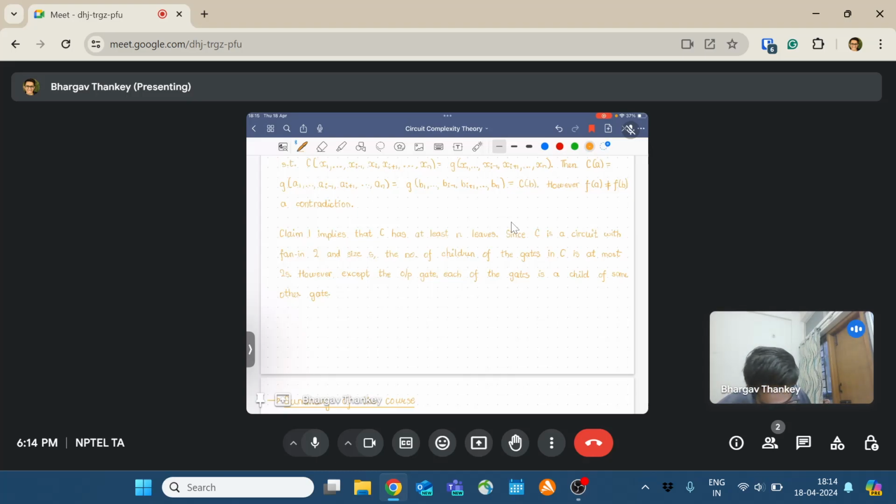And so we are left with at most 2s minus s minus 1, which is equal to s plus 1 children that can be used as leaves.